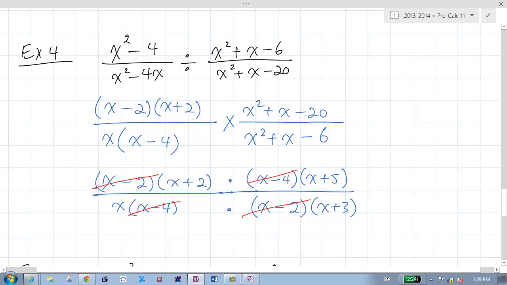And I don't think I see any other common factor between the numerator and the denominator. So now this is x plus 2 times x plus 5 over x times x plus 3. And that's the most simplified form.